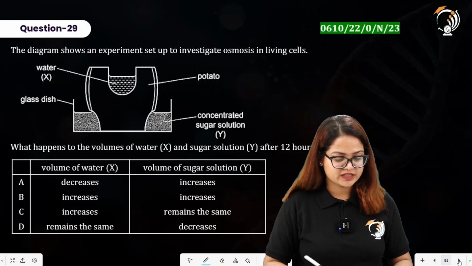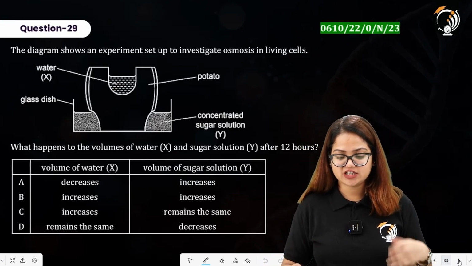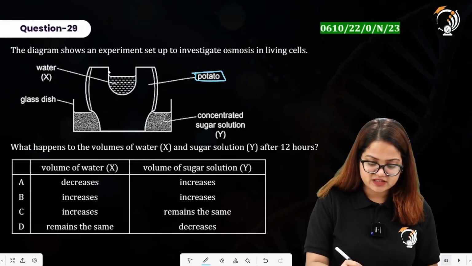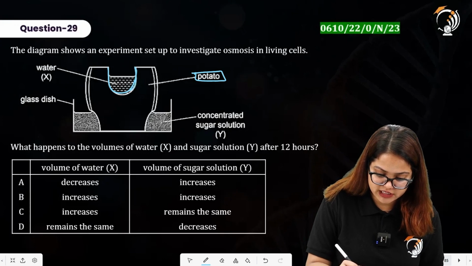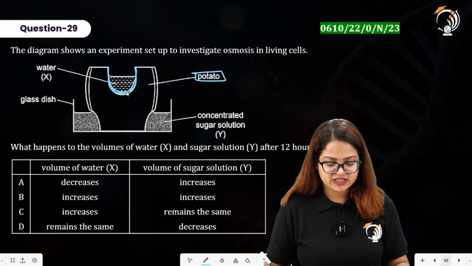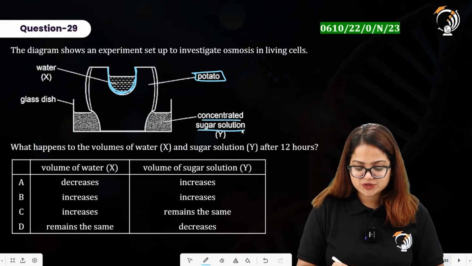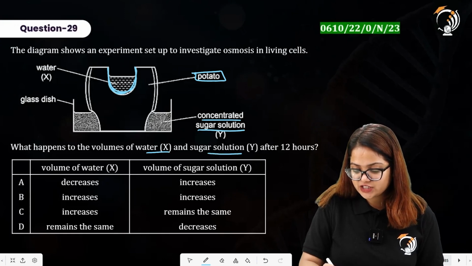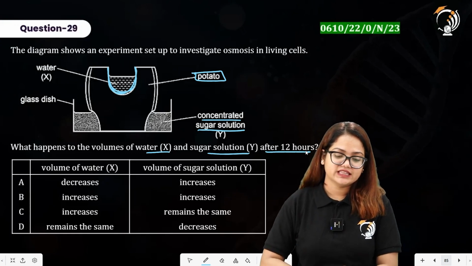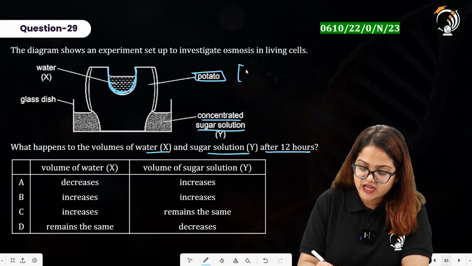Then we have question number 29 that says, the diagram shows an experiment set up to investigate osmosis in living cells. We have potato here. Potato has a pocket over here in which water is filled. Alright. So, potato has been placed in a concentrated sugar solution. What happens to the volumes of water X and sugar solution Y after the 12 hours? Since the potato has water in it, the potato pocket has a high water potential.